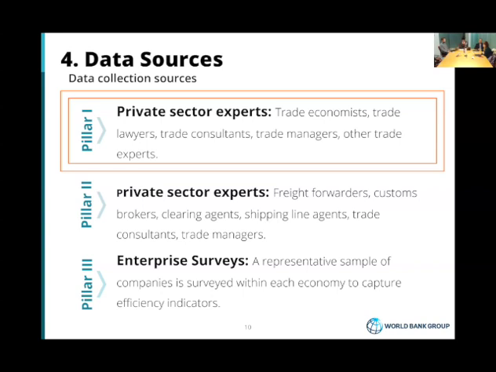A representative sample of companies captures a variation of user experience within each economy. It improves representativeness and at the same time is able to accurately capture different subjective assessments or responses across firm size, sector, to name a few.